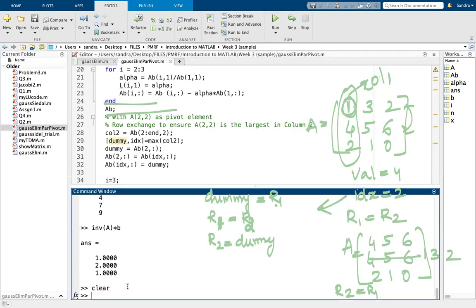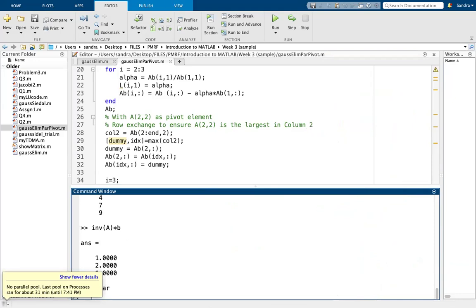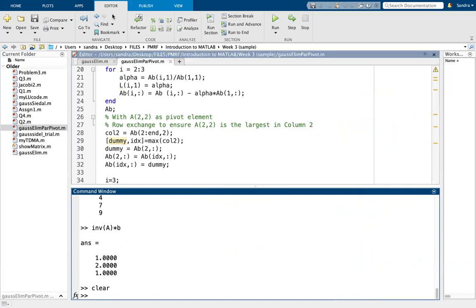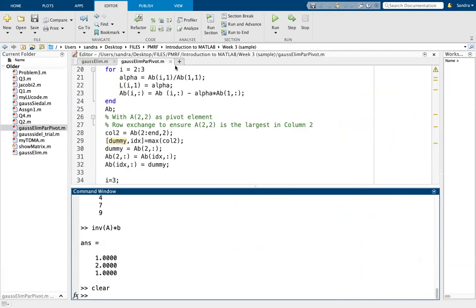I'll run this code for you. Just a second. I'll just run this.